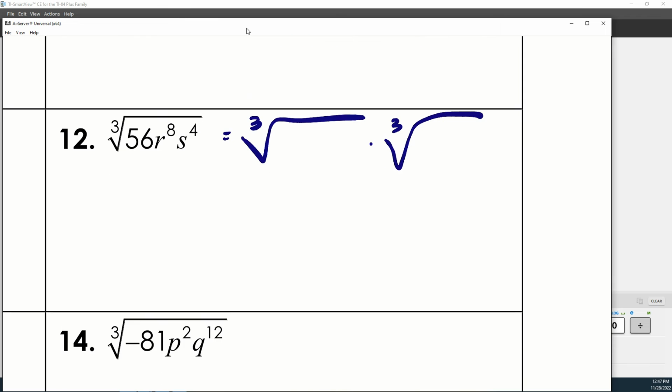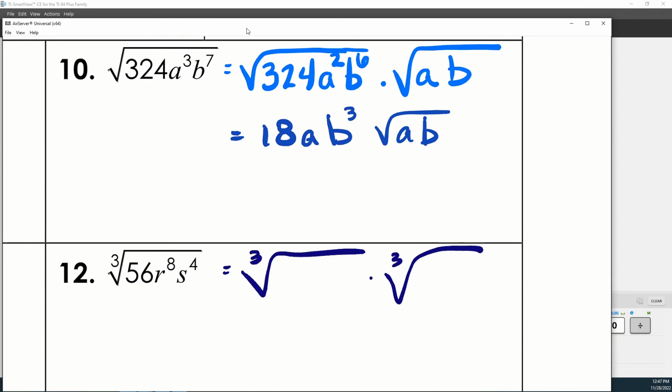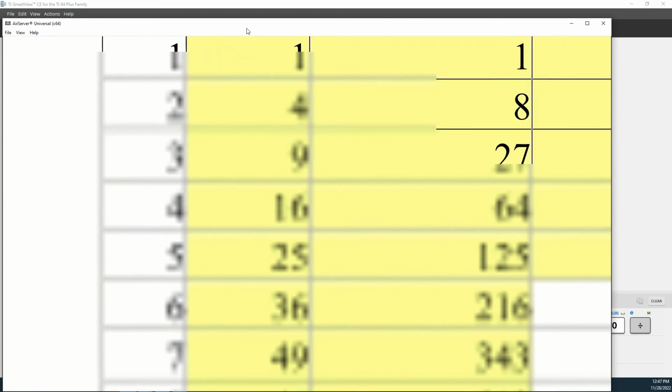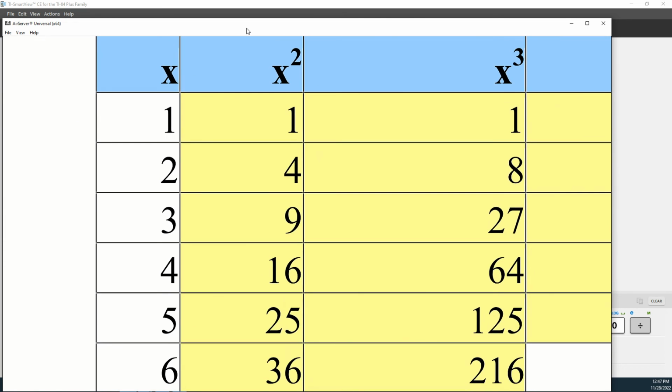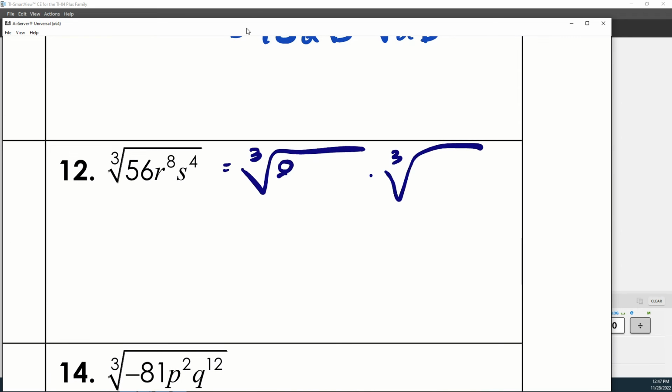All right, we're going to do the same thing on this one. So it's cube roots. So I'm going to do 2 cube roots. I need to find a perfect cube that divides evenly into 56, because 56 is not in my perfect cube list. So that's going to be 8. So 56 is 8 times 7.